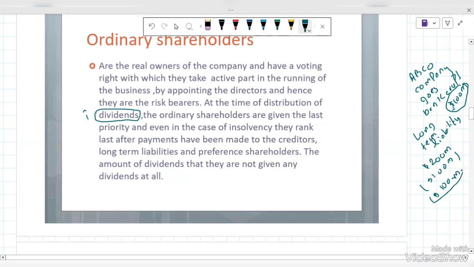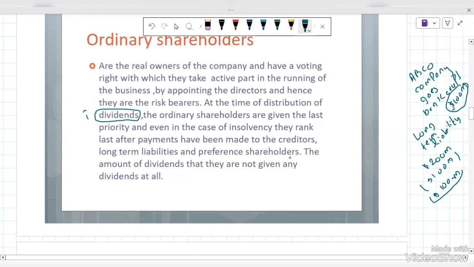This 100 million will be distributed to preference shareholders first, and after that, if some amount is left, it will be distributed among ordinary shareholders. So ordinary shareholders have the last priority in limited companies.